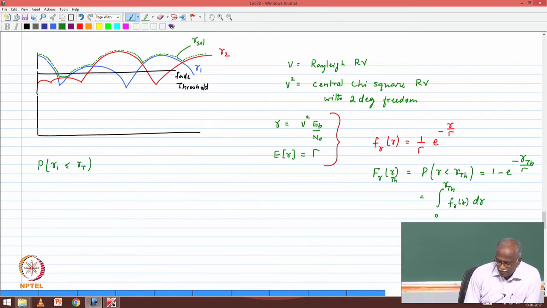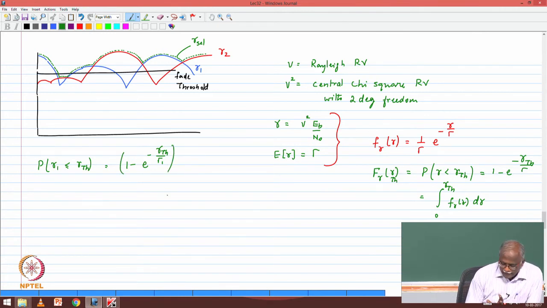So what you're asking is basically the cumulative distribution function for gamma 1. This would be given by 1 minus e power minus gamma threshold divided by Gamma 1, where Gamma 1 represents the average SNR of antenna 1.